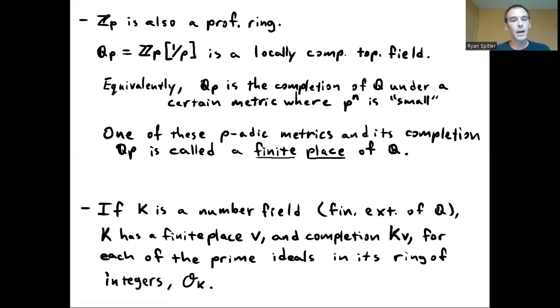And then for each of these prime ideals, you can get a similar sort of metric on the field K. And if you take the completion of K with respect to that metric, you'll get K_v, which again will be one of these locally compact topological fields. And the point of bringing up all of this is that these p-adic fields, and especially representations in these p-adic fields, are the ones that I'm interested in when we're trying to look at what the profinite completion can say about linear representations.